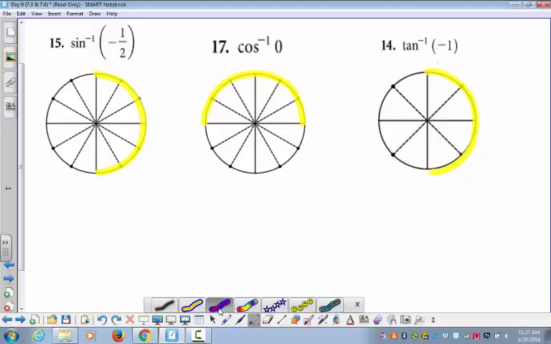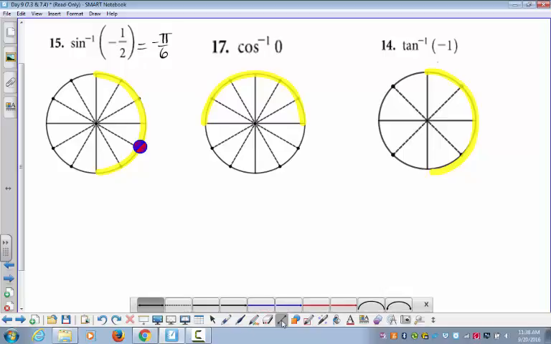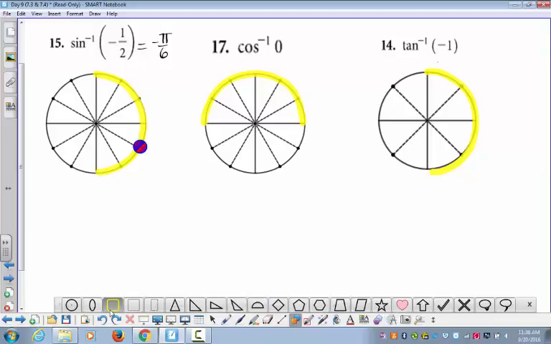So the angle with a sine value of -1/2 is right there. And how would we describe that angle? Yep, exactly. So this is equal to -π/6.